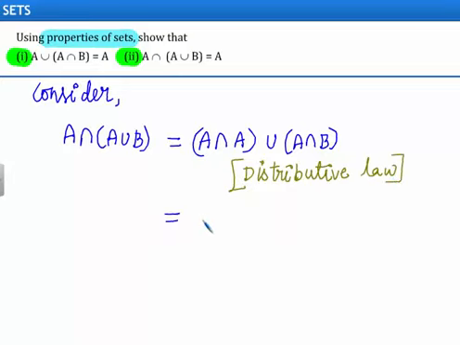This will be equal to A union A intersection B. A intersection A is equal to A, by the idempotent law.